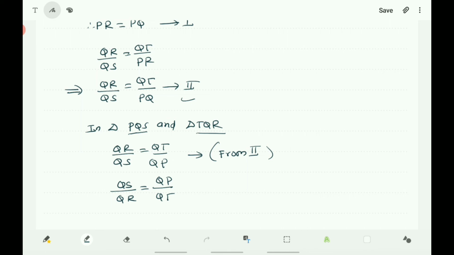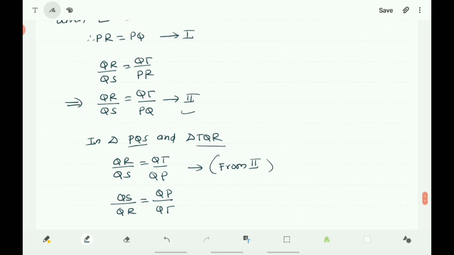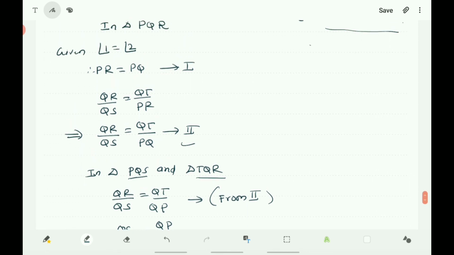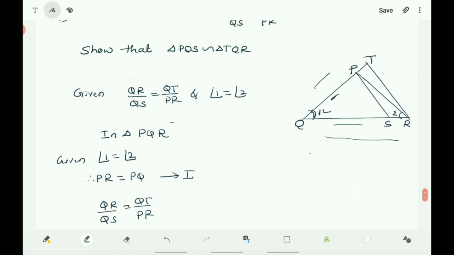And you know that here there are QS and QP, the included sides of angle 1, and also QT and QR are the included sides of angle 1.